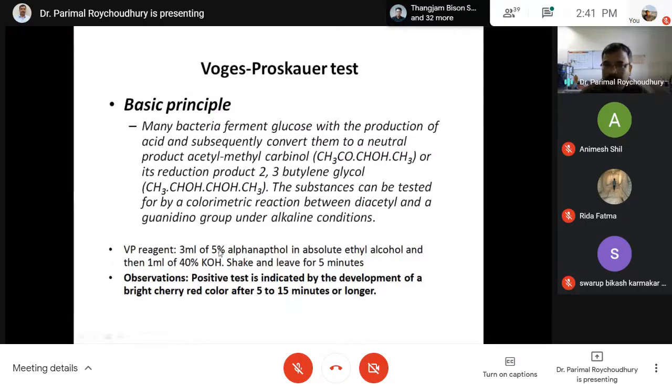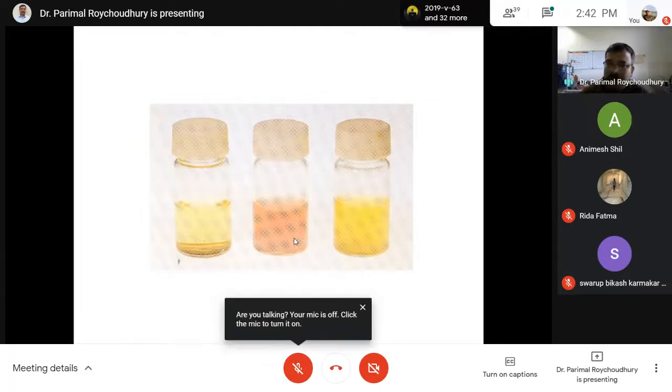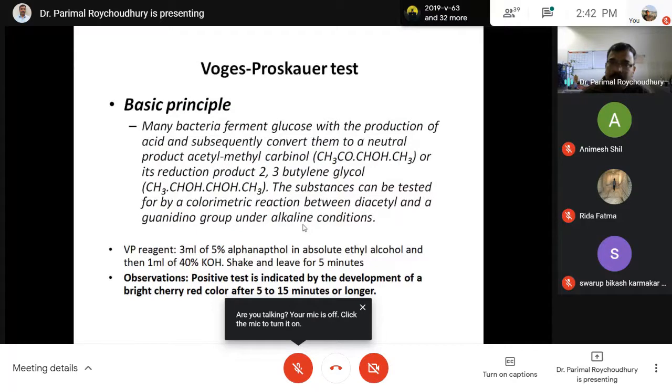When they come in contact with 5% alpha naphthol, it will give rise to color development. If there is formation of red color, it indicates a positive VP reaction, and if it is yellow, then it is negative. So likewise, with a simple overnight test, or within a day or two, we can get the results.